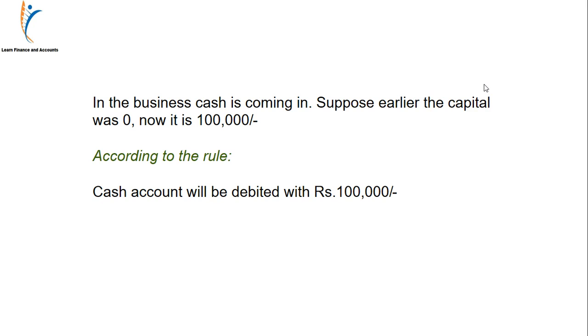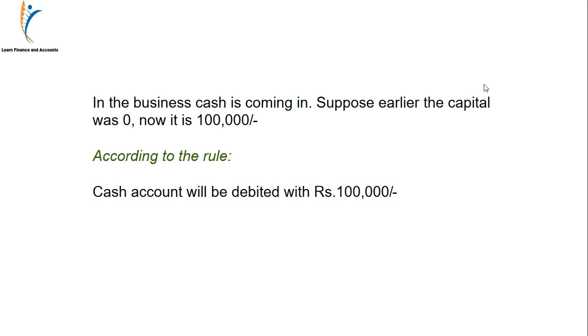Earlier cash in the business was 0. Now cash has increased to 1 lakh. There was an up arrow. In case of cash, when it is increasing, the account will be debited, and it will be debited by 1 lakh rupees.